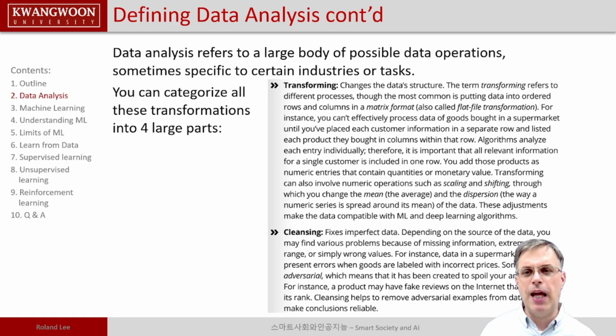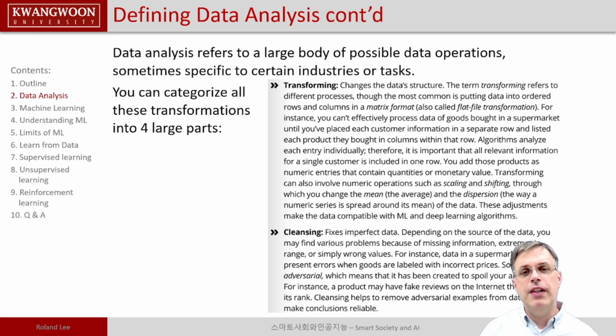The next step is cleansing, fixing imperfect data. Depending on the source of the data, you may find various problems. Sometimes there is missing information, or extremes, or outliers, and simply wrong values that were recorded.